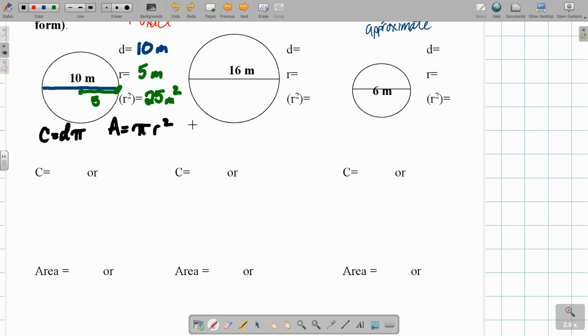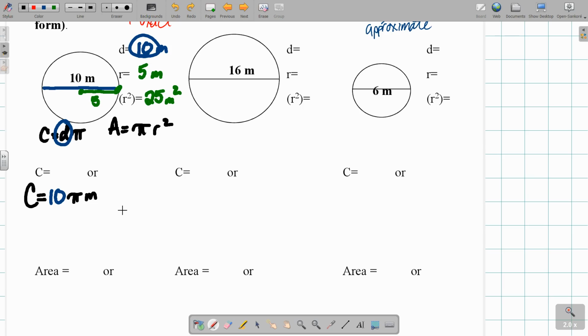So for this one, our circumference is going to equal diameter, which is 10 pi meters. You're done. That, my friends, is called exact pi form.